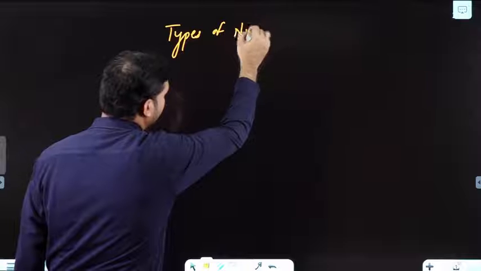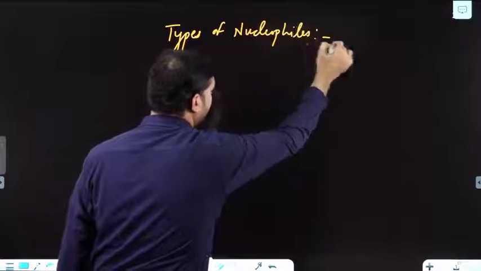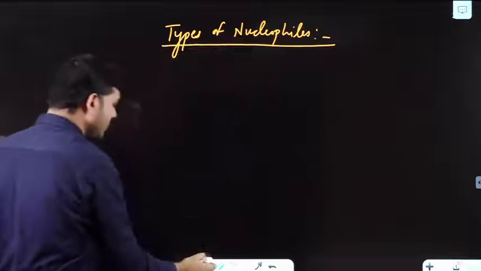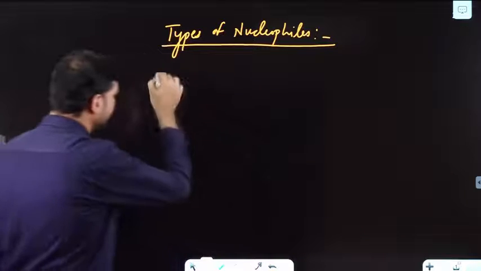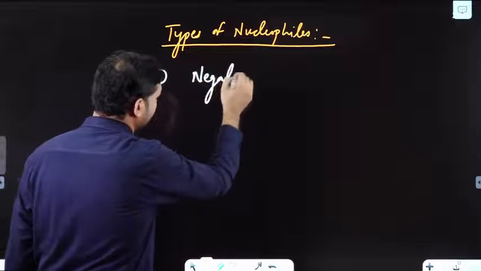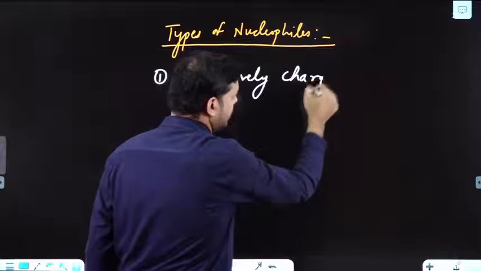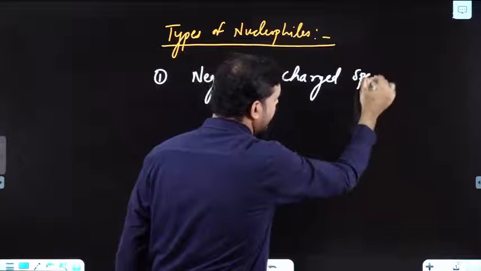Types of nucleophiles. Okay, so the first type is negatively charged species.